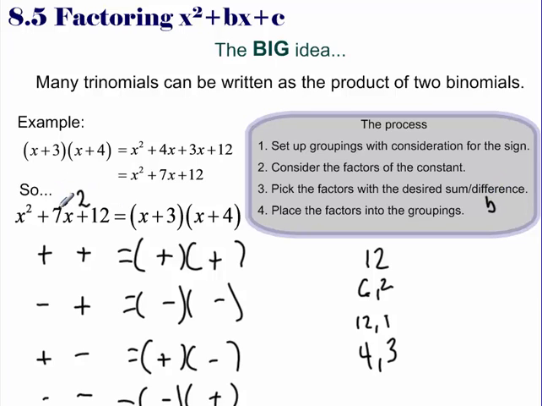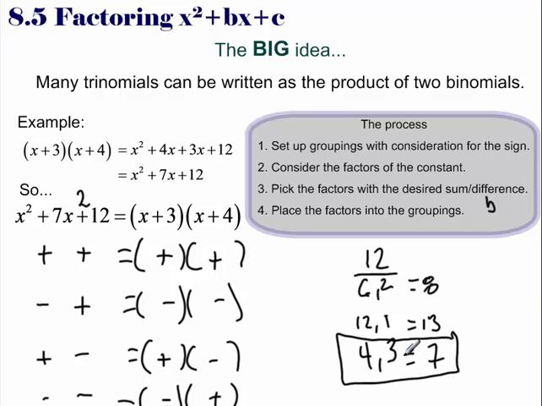So the B term, remember right here, x squared plus bx. What's in front of x? It's the 7. So which set of factors would give me the desired sum of 7? Is it 6 plus 2? No, that equals 8. 12 plus 1, that's 13. 4 plus 3, 7. There they are. That's what I want. Then I place them. Here's 4, here's 3, and then x in front of both.